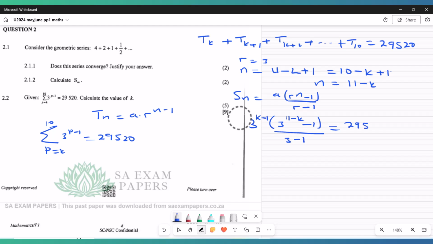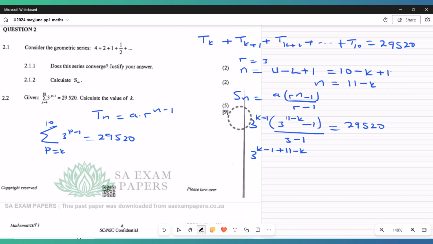So I open brackets here. I'm going to have 3 to the power k minus 1 times 3 to the power 11 minus k, minus 1.